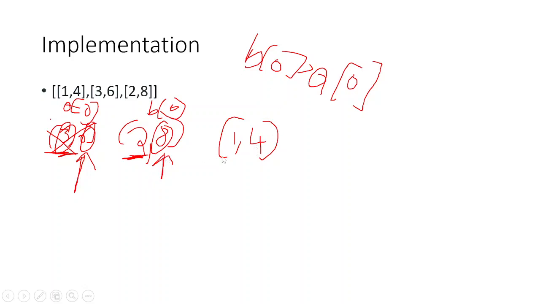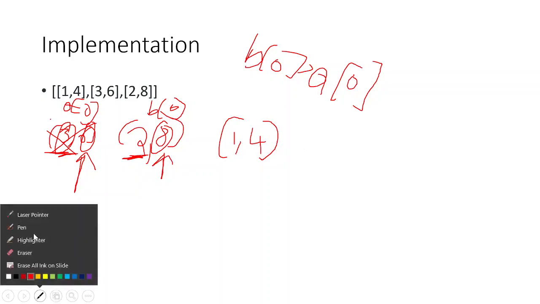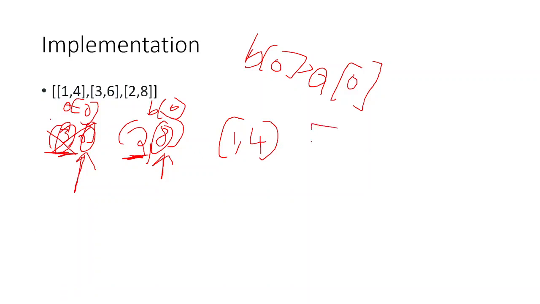And for example, if we take another value like 0 comma 5, we check this, and after checking it, it is not satisfying because 4 is not greater than 8. So the current element will be 2 comma 8 itself, and this will be checked with the next one. That's how we are taking a history of it.